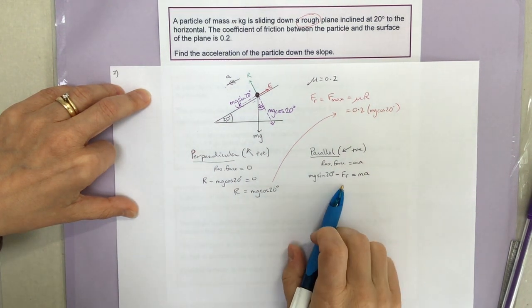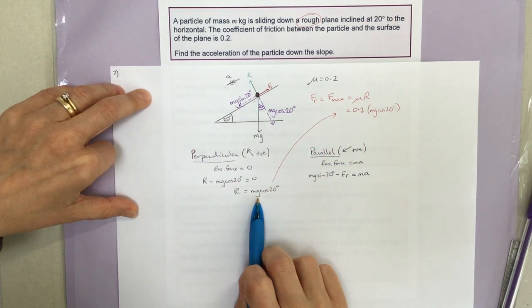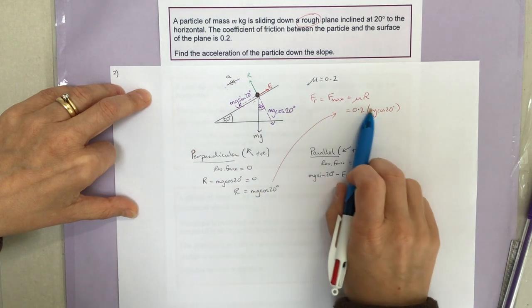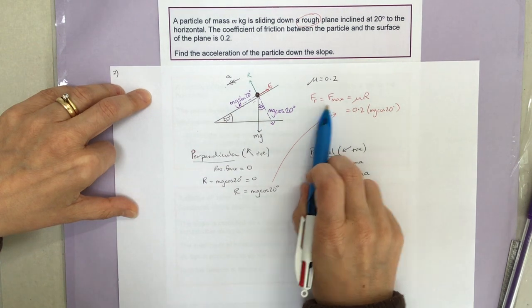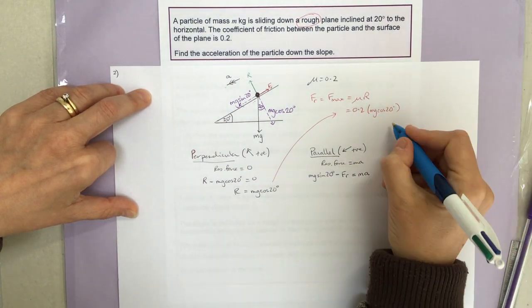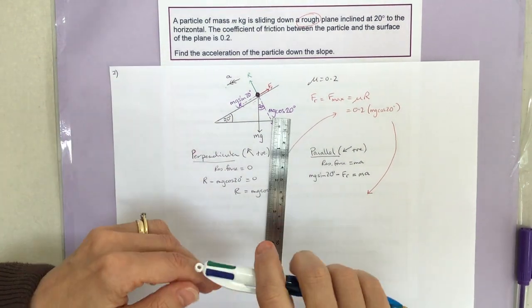Okay, so now we've got a couple of equations. Perpendicular to the slope has given me this expression for R, which I can sub in for F max, and then in here my friction is F max in this particular case, so this can go in here. So let's have a look then at carrying on with that part of the question.